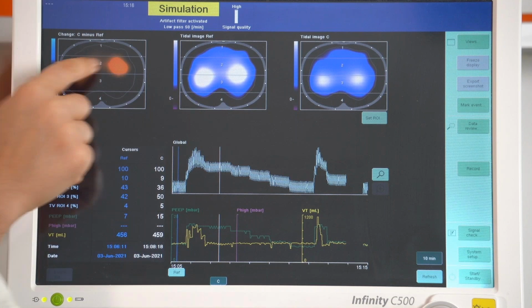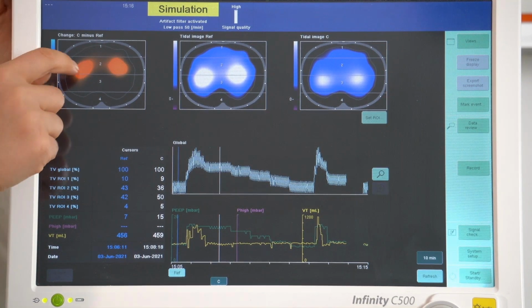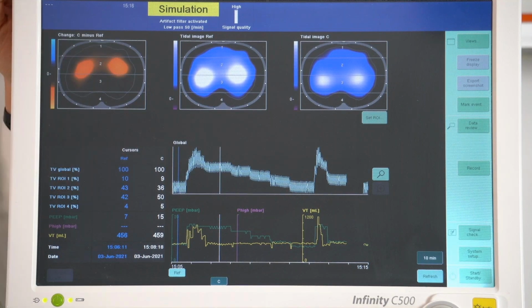What happened though, we have lost ventilation in the ventral area, because remember I said orange color means reduced ventilation. So what can this tell us about our recruitment maneuver?